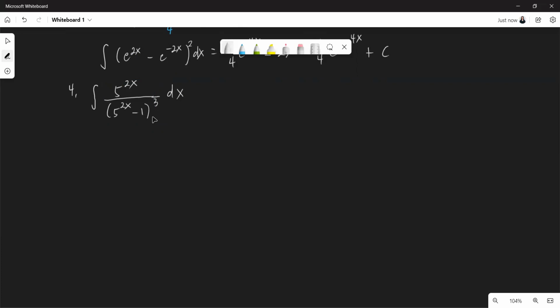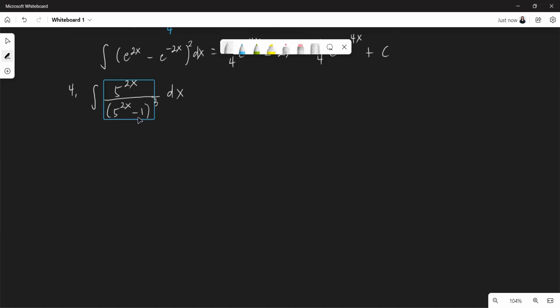If you get the derivative of the 1 in the binomial below, it's actually 0. So maybe we can just transform this denominator to u raised to the power of 3, because if we're going to solve for the derivative, it's in the form 5 raised to the power of 2x.